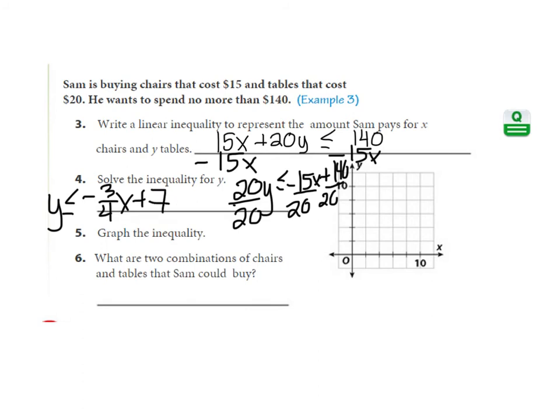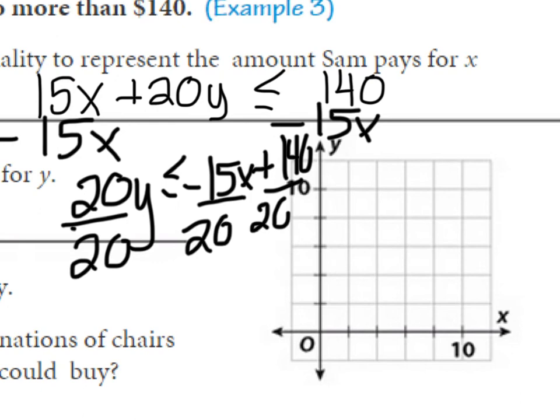Step 5, we're going to graph it. Our graph is going up by 2's, make sure you're aware of that. So when you go for 7, you're going in between 6 and 8. And then our slope is to go down 3 and over 4. Since it's going up by 2's, you've got a couple of options.